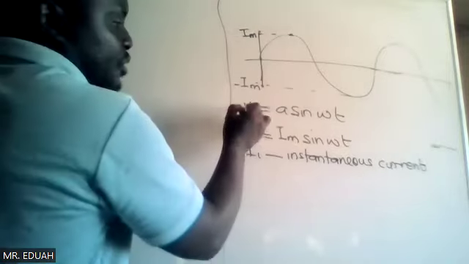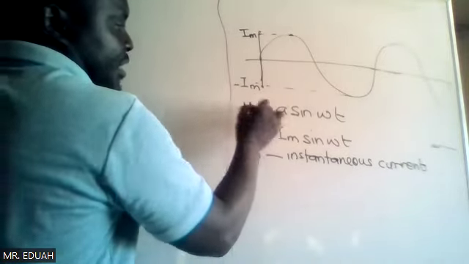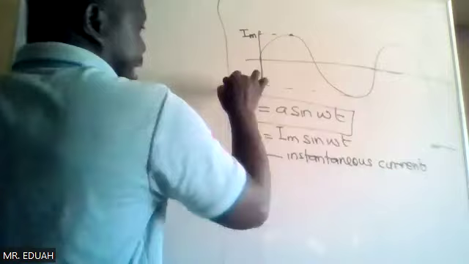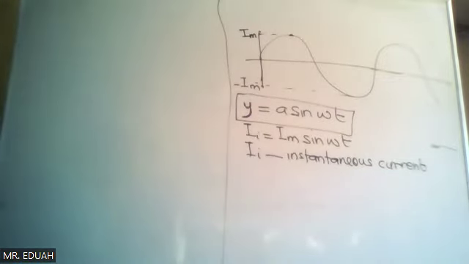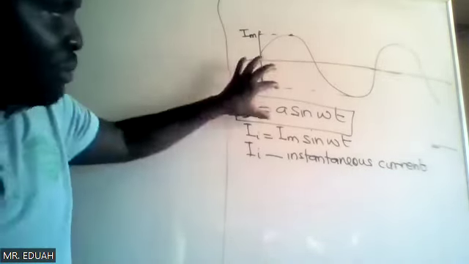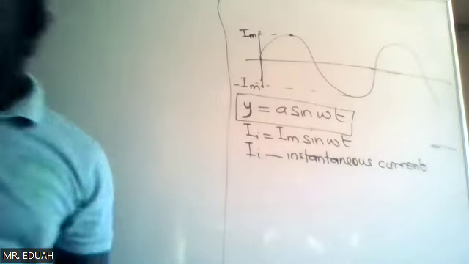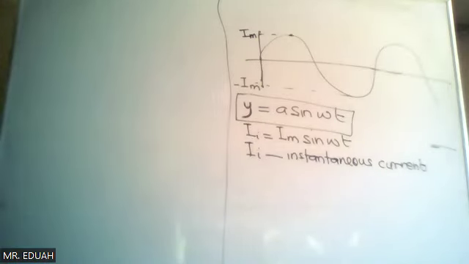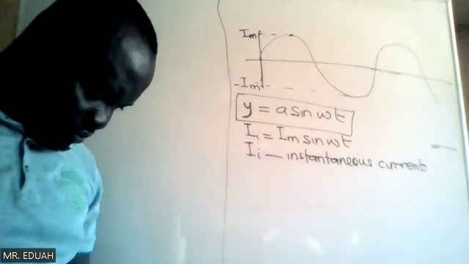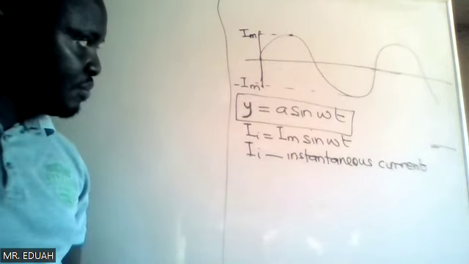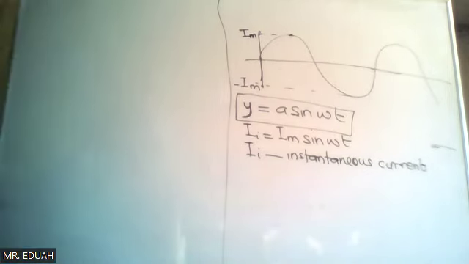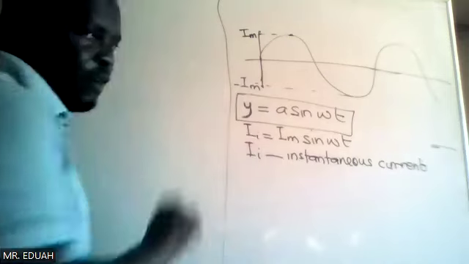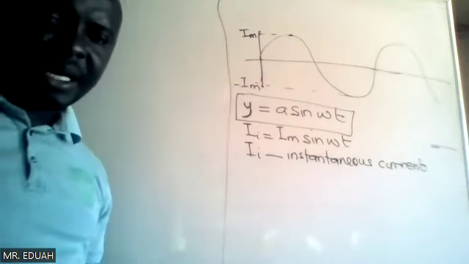In SHM, how would you find y? If you have this, how would you find y? Gerard, can you help? In simple harmonic motion, how would you find the displacement y?